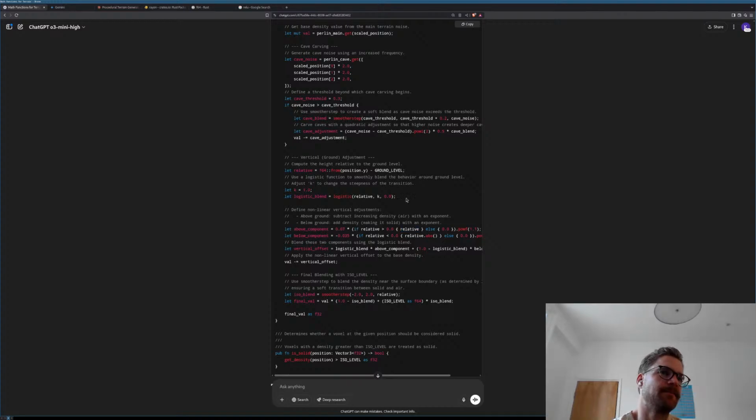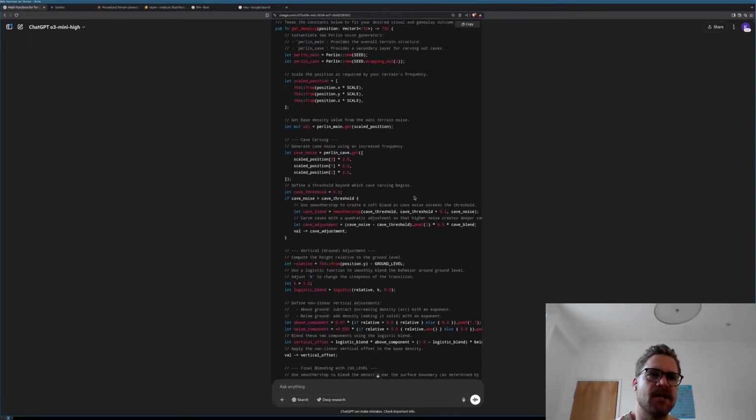Yeah, trying to make not necessarily mountains, but just shape the terrain.